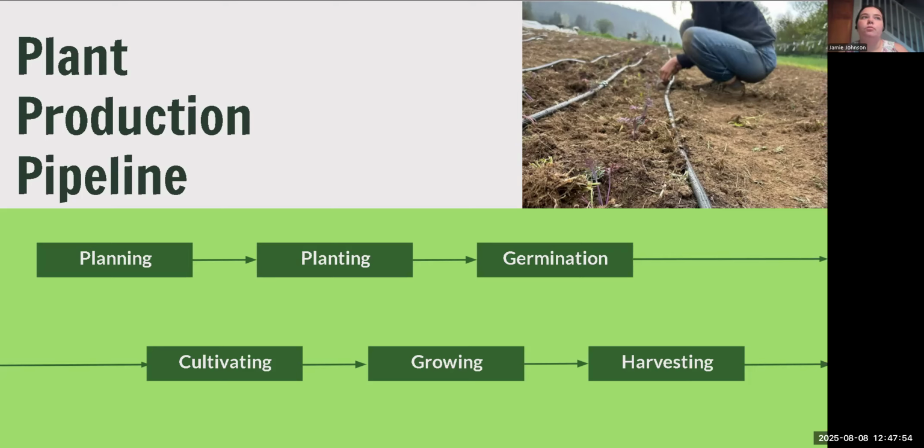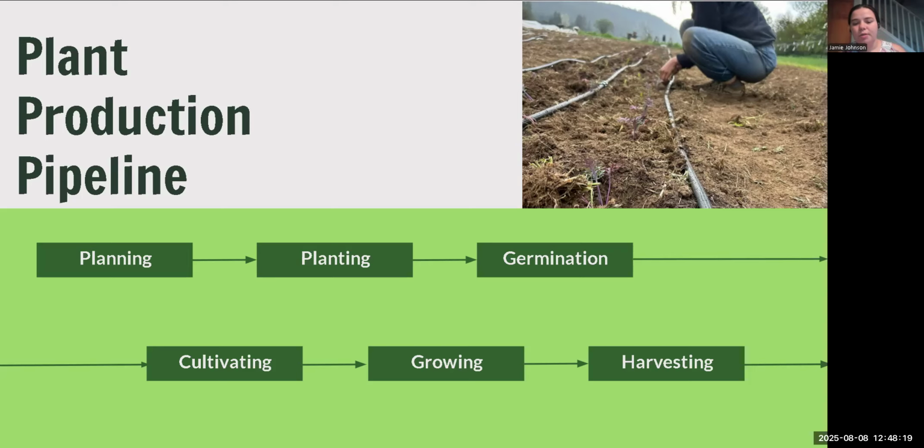Some of those things that happen very early on after you've reached germination is cultivating in this pipeline. Things that you have to do shortly after germination in order to have a successful harvest.